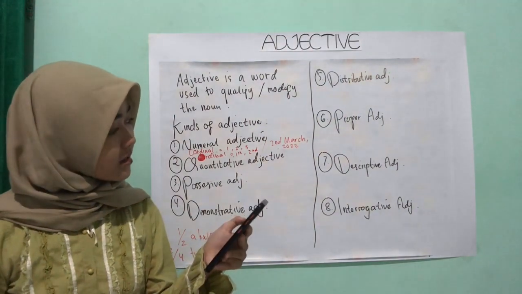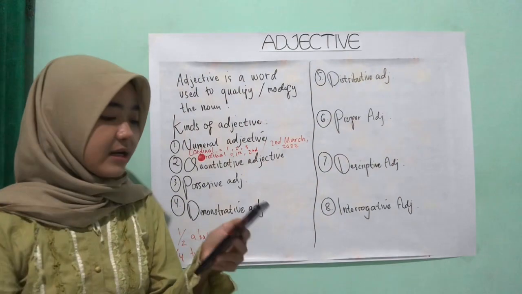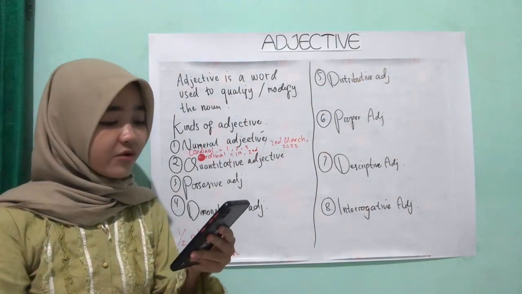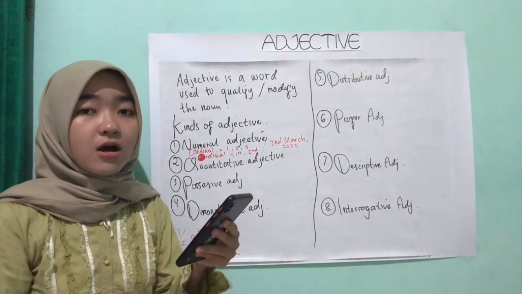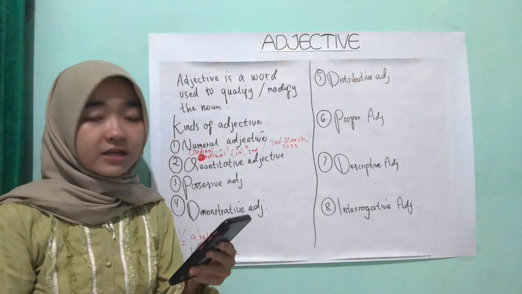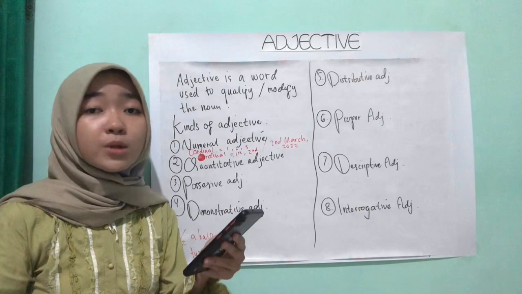The seventh, descriptive adjective, is the adjective used to describe the quality or condition of person or thing. The position of descriptive adjective can be before or after the noun modified.